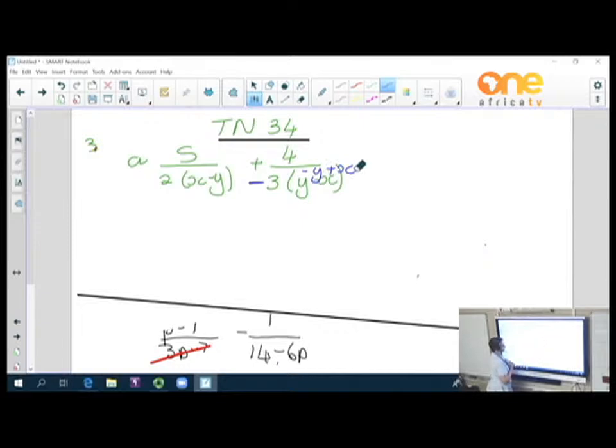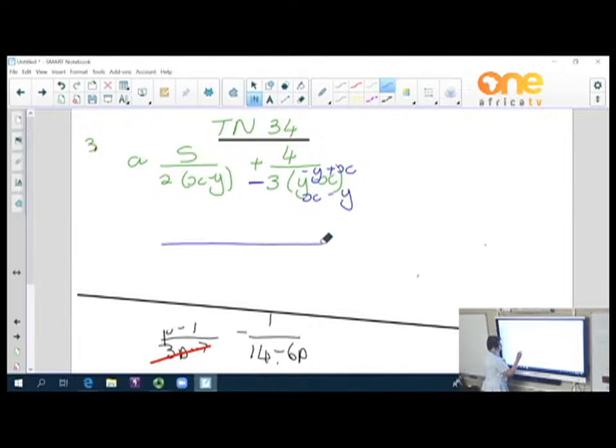Negative y plus x. So if you multiply it back, you still have the same answer because the negative times the negative is a positive, and the negative and the positive is a negative. And because this is commutative, this is the same as x minus y. So now I still need to find my LCM.